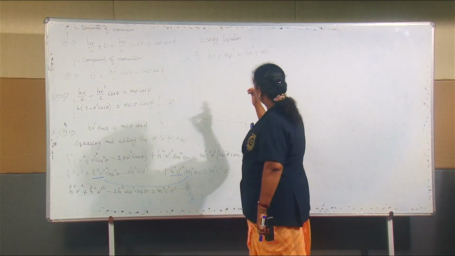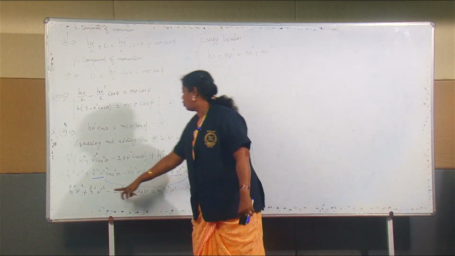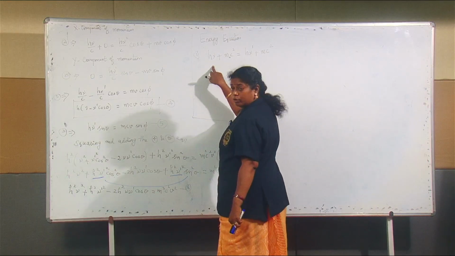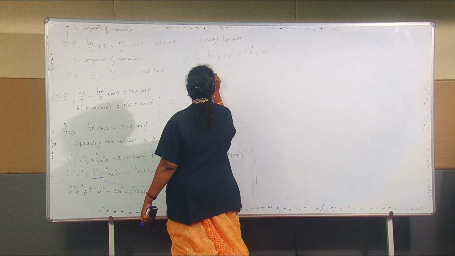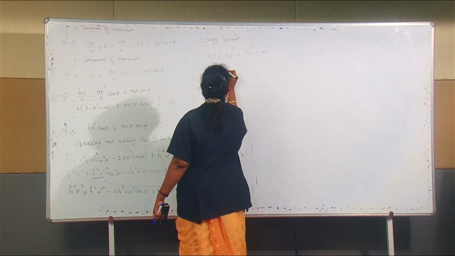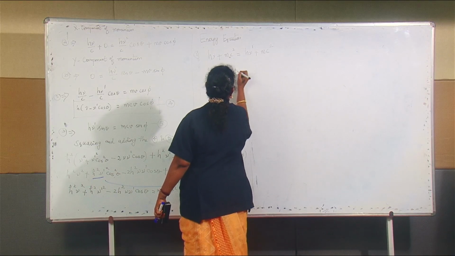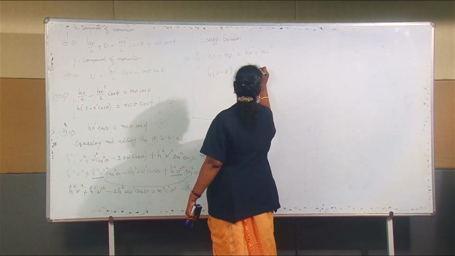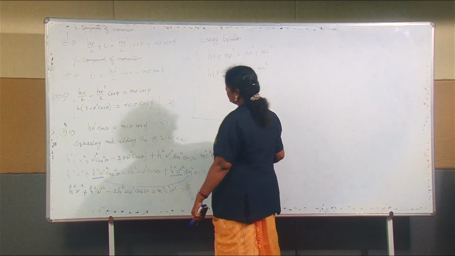So, now we want to arrange in this format. So, what can we do? We can bring this hν' to this side. So, we get h as a common factor: h(ν − ν') plus m naught c squared is equal to m c squared.